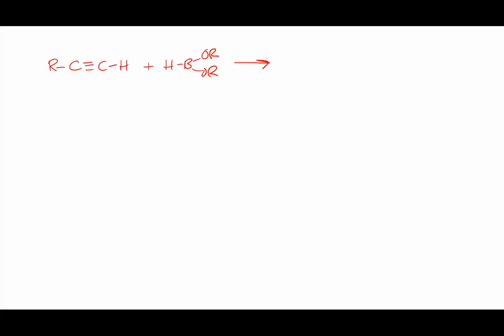I'm going to add that H and the BOR2 group, anti-Markovnikov, right? So I'm going to end up adding the H and the boron cis anti-Markovnikov, so that I could take the triple bond and I could make this molecule.